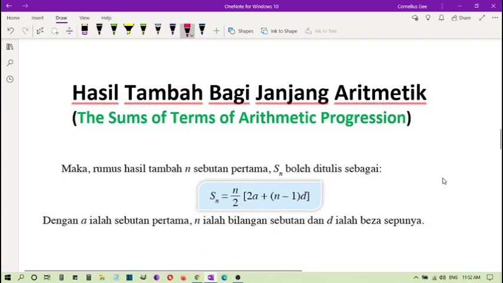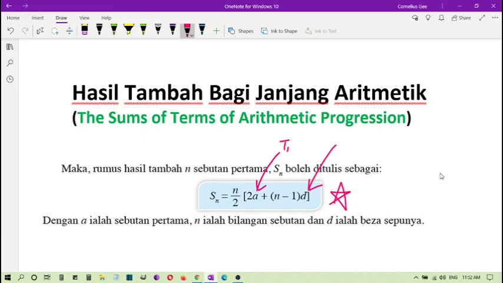After you can find the terms of an AP or JA, the other thing is the sum of all the terms, hasil tambah bagi Janjang Aritmetik. Ini adalah formula dia. Formula ini agak sama, A ialah sebutan yang pertama dan ini adalah beza sepunya.